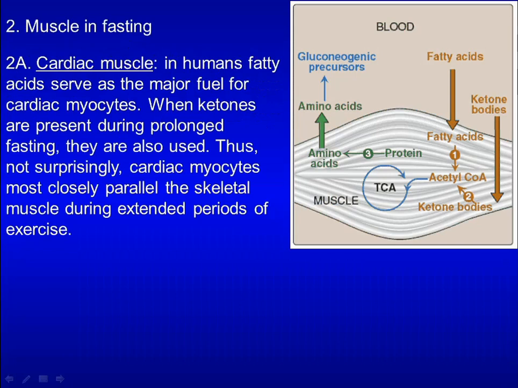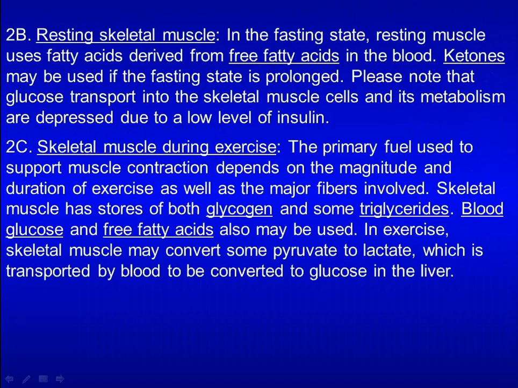Cardiac muscle mainly uses free fatty acids as fuel. It also can use ketone bodies during starvation. Very similar to cardiac muscle, resting skeletal muscle uses free fatty acids as fuel during fasting.